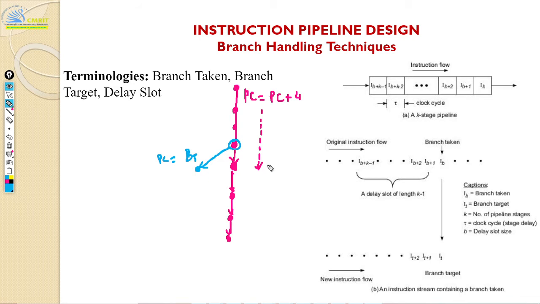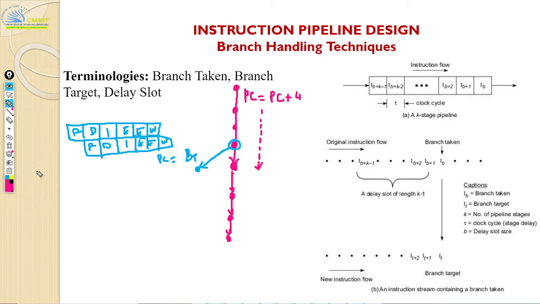Okay, so now why is this a problem? When you take a pipeline, what we are doing is you have your fetch, then decode, issue, execute, and then write back, correct? So this is what we had seen earlier. So this is what your pipeline is about. This is the next instruction: fetch, decode, issue, execute, and then write back.